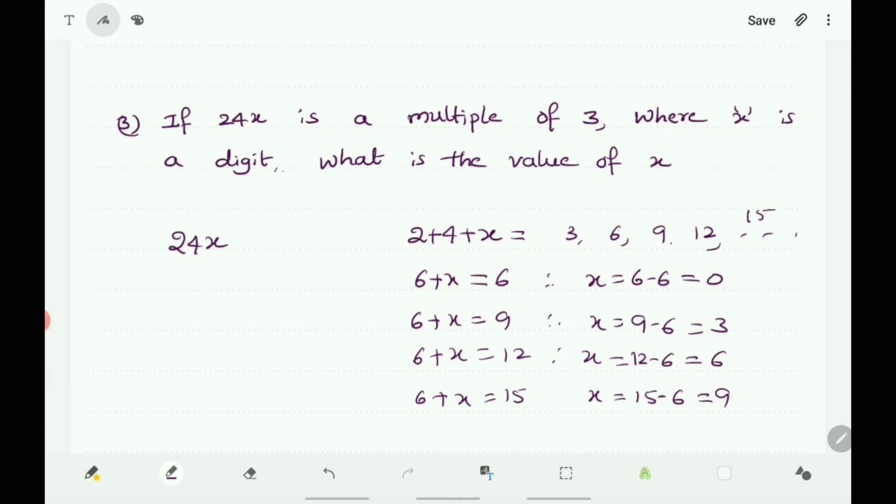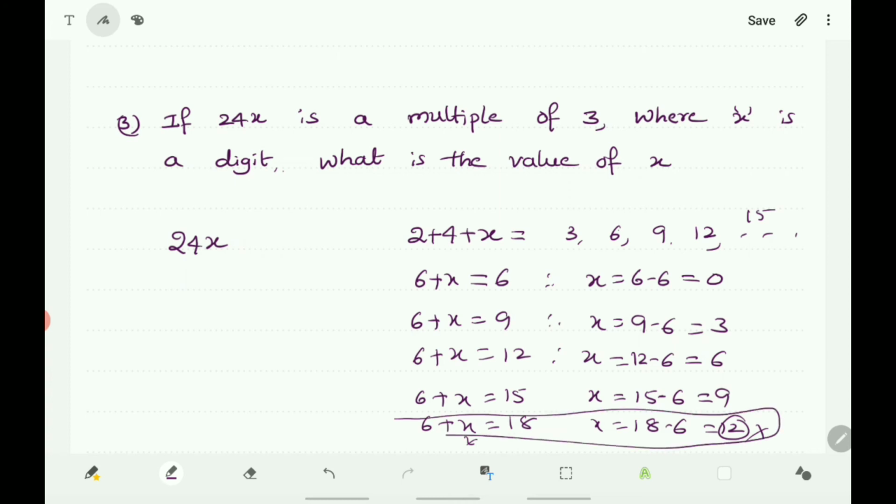So try 18 here. 6 plus x equals 18. Then x equals 18 minus 6, that is 12. 12 is not a digit. Here x must be a digit, so this is not a valid digit of x.